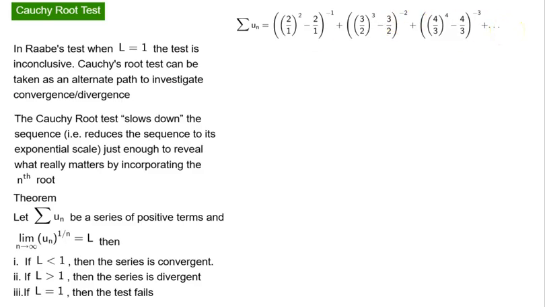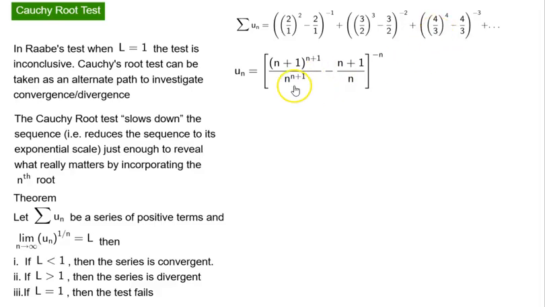Now, first step is always to figure out the nth term. So, let's look at this. This is the third term. First term, second term, third term. So, here n is 3. Here it is 4 and 4. So, we have n plus 1 to the power of n plus 1, and in the denominator, we have n to the power of n plus 1.